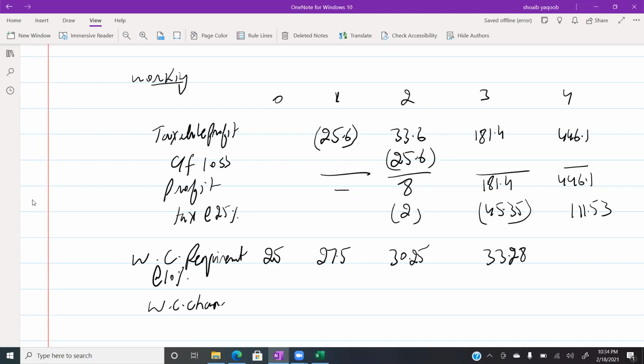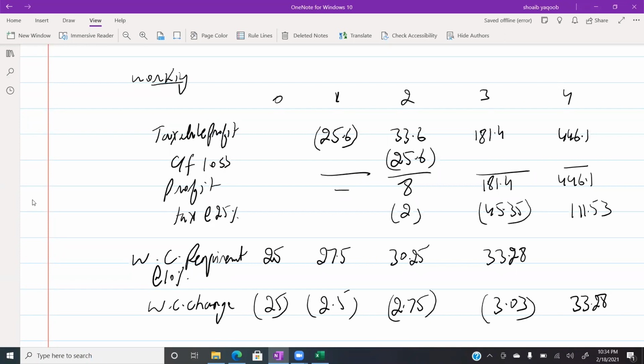Working capital change will be 25, 2.5, next will be 2.75. 3.03, 33.28.